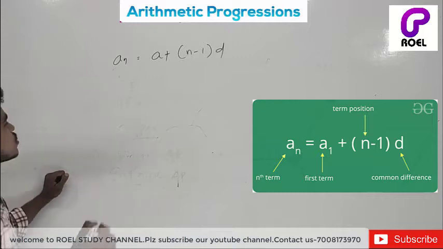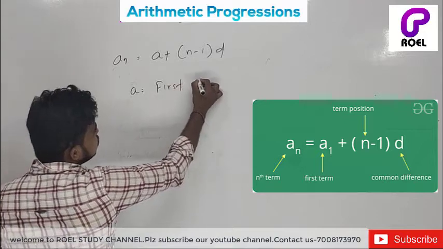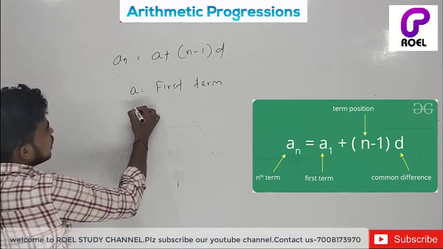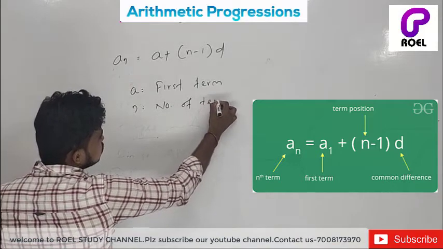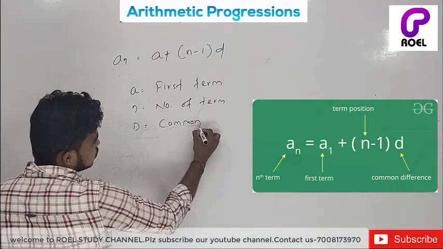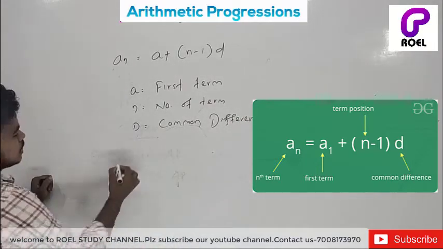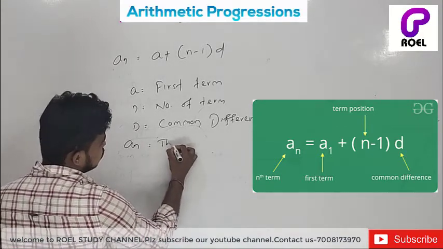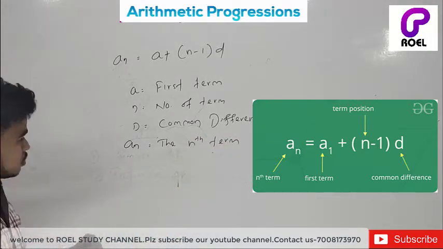So here a denotes the first term of the series, okay, and n is the number of terms, d is the common difference, and an means the nth term, okay.